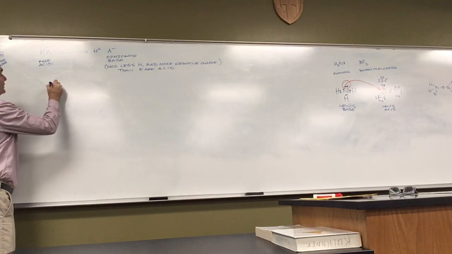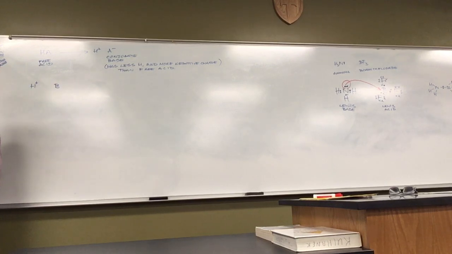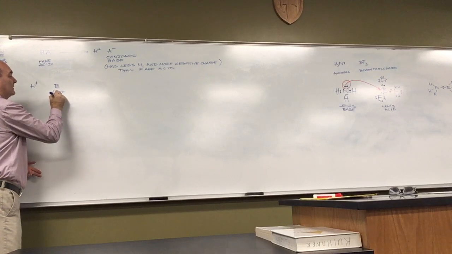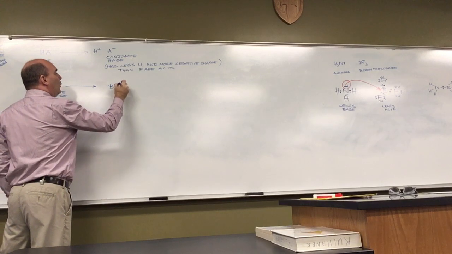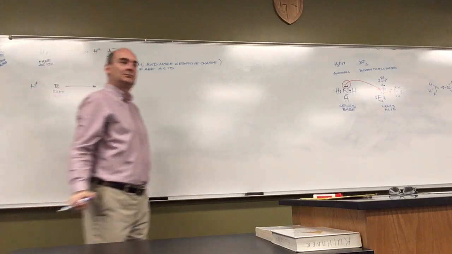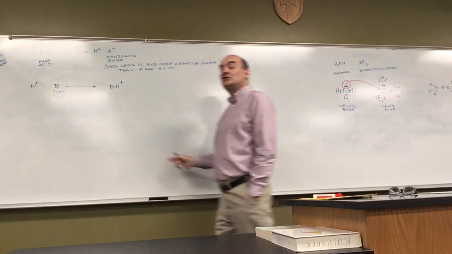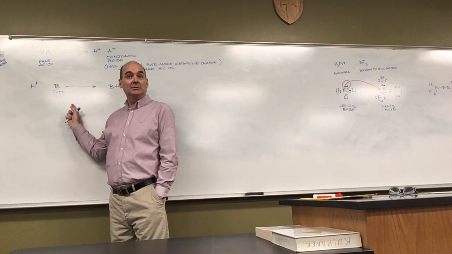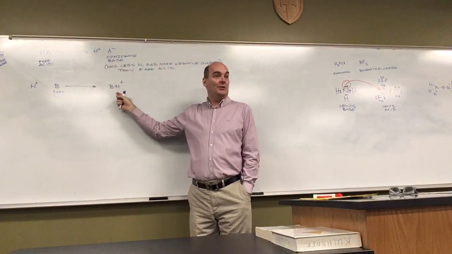What a base is going to do is interact with the H plus. So this is my free base, and it's going to pick up the acid. Now there's a chance that the base itself is negatively charged. If the base is negatively charged, then this is going to be called the conjugate acid.